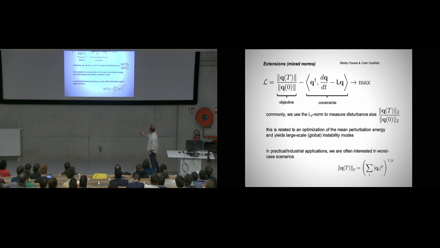But sometimes in practical applications, we're not so interested in these large structures. We want to do a worst case analysis. We want to see where in the flow is a dangerous spot that generates a localized disturbance that is dangerous in terms of growing. The large ones often grow better, but they're a little bit too contrived.